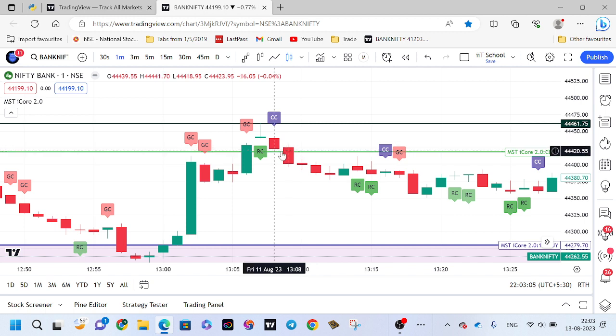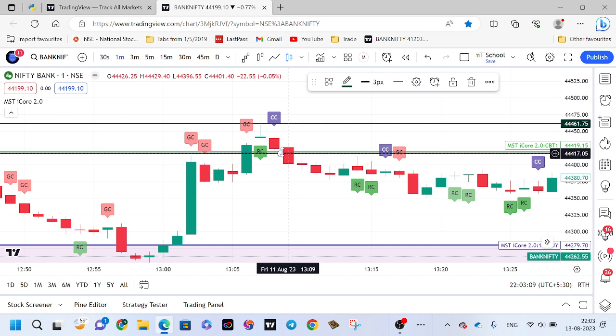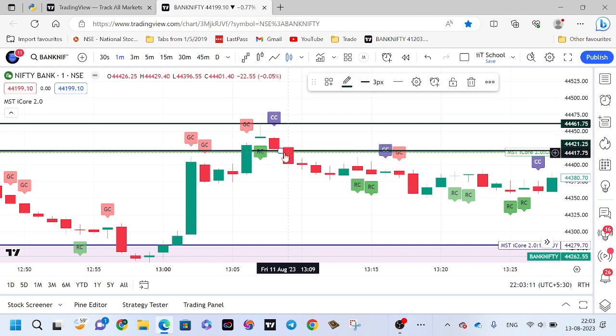Whichever is lower, take that, whichever is higher, take that, just to mark. Now you can take the trade once the market breaks the low of the second candle, or you can wait till the market gives a retracement of this candle, 50% of this candle.